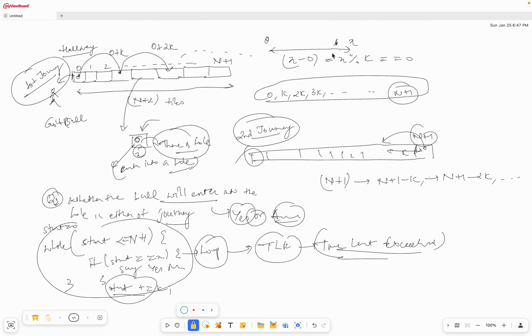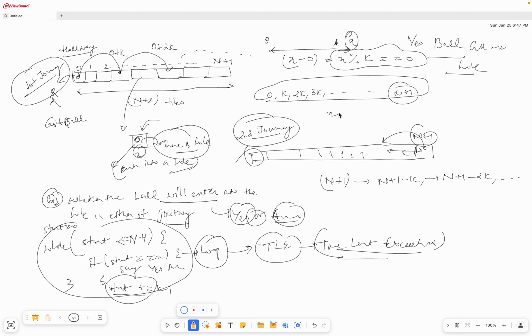If it is divisible by k, then the ball will reach the hole, and hence yes, the ball gets into the hole. This is for the first journey. Also you have to check for the second journey.